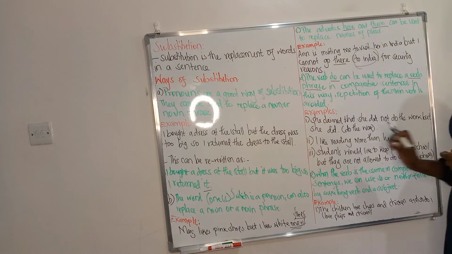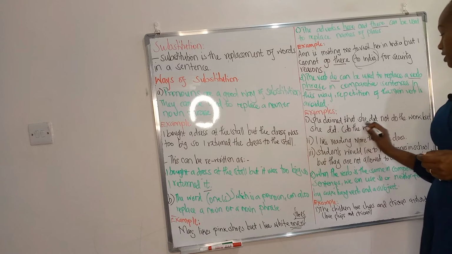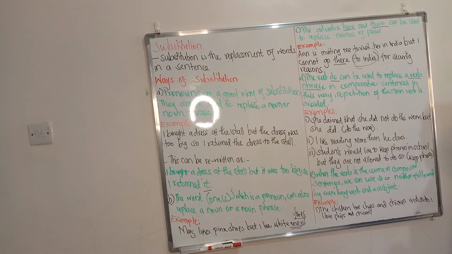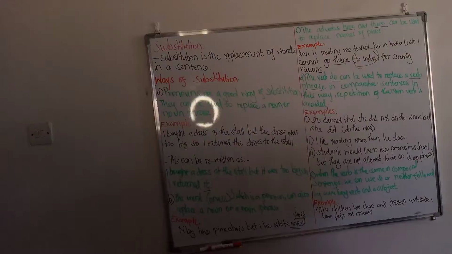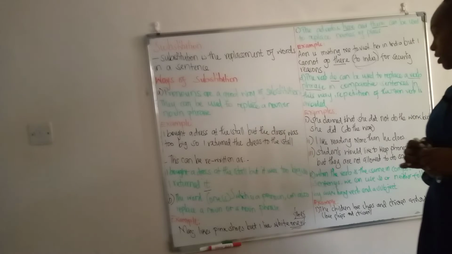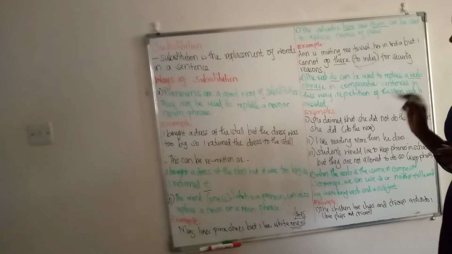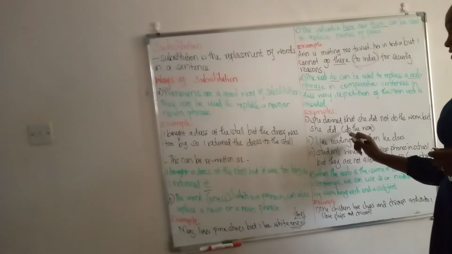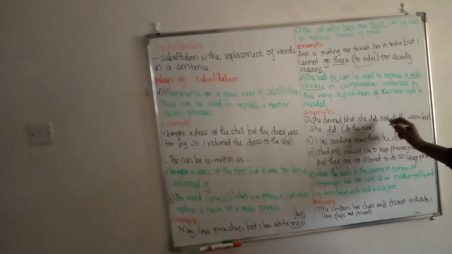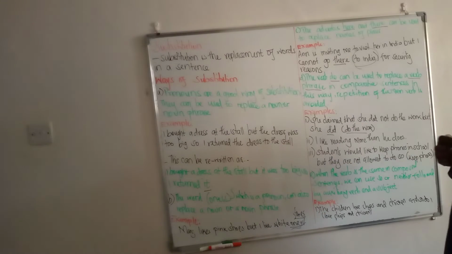Before it was replaced, it was she claimed that she did not do the work, but she did the work. Now, you will notice that there is a lot of repetition in the verb phrase. She did the work has been repeated. And so in order to avoid that repetition, we replace did the work with she did. She claimed that she did not do the work, but she did.